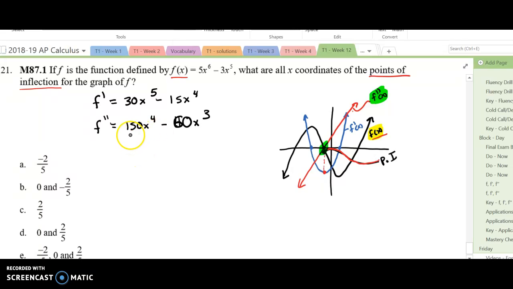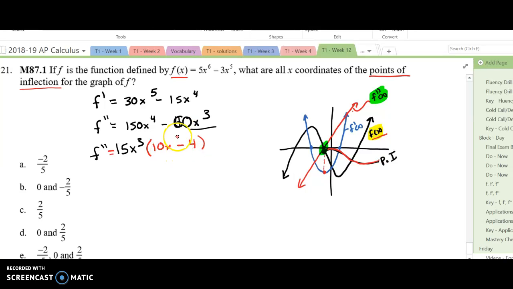I can see that there's a 15 in both and an x cubed in both, so I'm going to factor out 15x cubed. Scratch that, 15x cubed taken out leaves me with 10x minus 4.